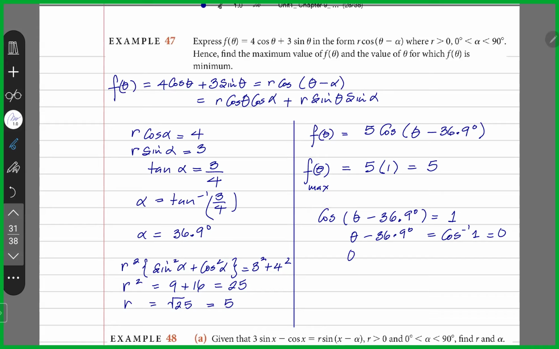So theta would be equal to 0 plus 36.9, which is 36.9 degrees. So the maximum value of f of theta is 5, and the value of theta for which f of theta is a maximum is theta equal to 36.9 degrees.